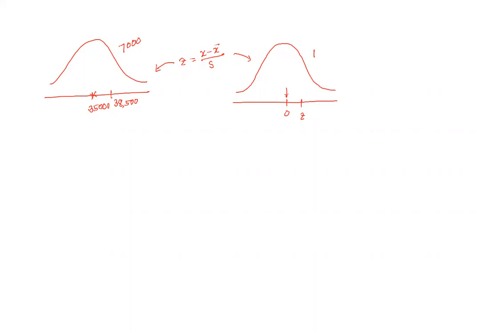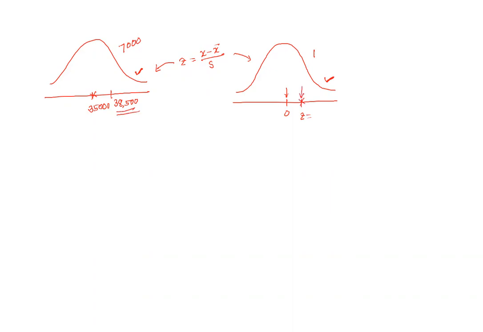A point to the right of mean in this graph will be a point to the right of 0 in this graph. So 38,500 is to the right of 35,000. So the z-score for 38,500 would be to the right of 0. So this point.